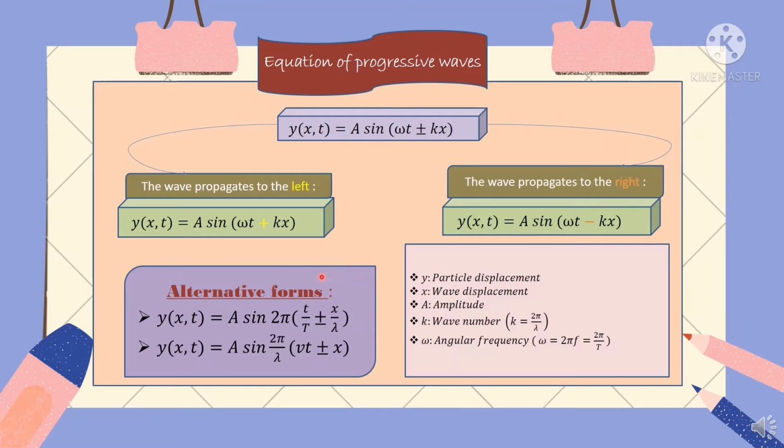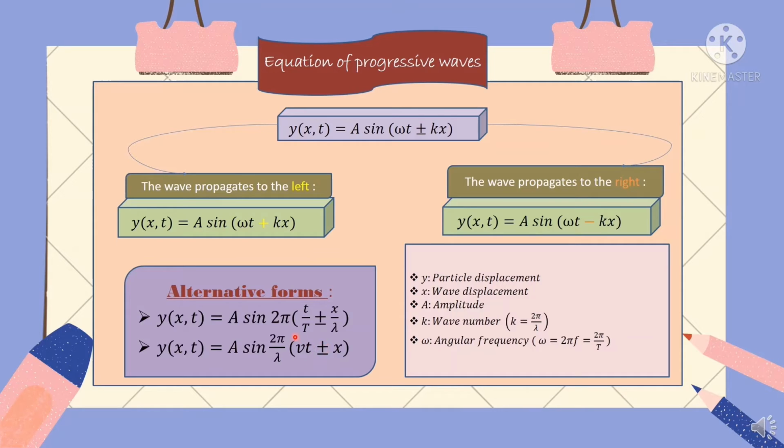So, as alternative forms, we can write the progressive wave equation as y in bracket x comma small t equal to A sine 2 pi in bracket small t over capital T plus minus x over lambda. Or we can also write it as y in bracket x comma t equal to A sine 2 pi over lambda in bracket v small t plus minus x.